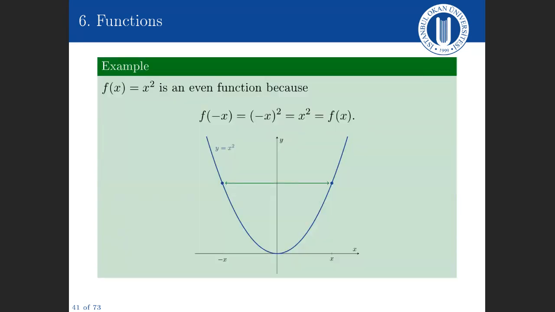Let's look at some examples. I am saying that the function x squared is an even function. Why is this true? Because if we start at f of minus x, that's minus x, squared, which is the same as x squared, which is the same as f of x.